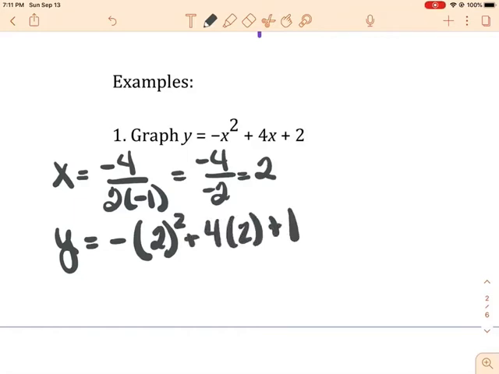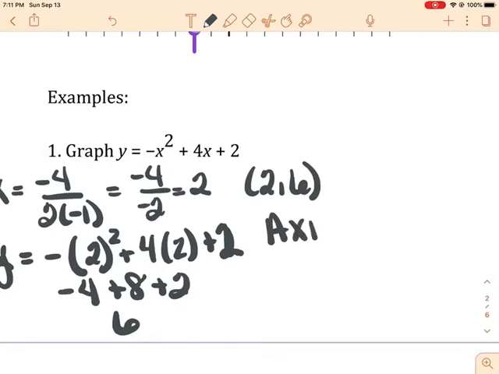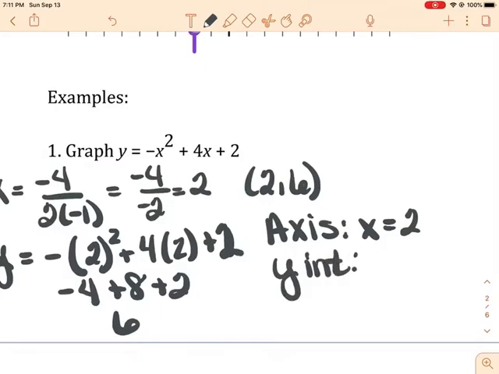Now be careful. Here I'm going to square first and then make it negative. So I got 6. So my vertex is at 2, 6. That means the axis is at x equals 2. My y-intercept is at 2.